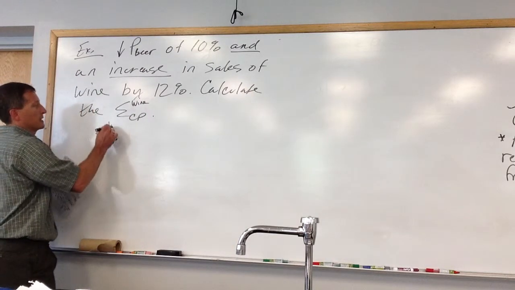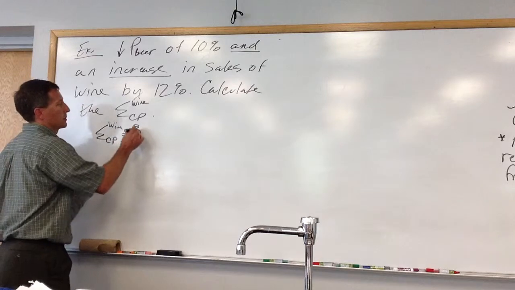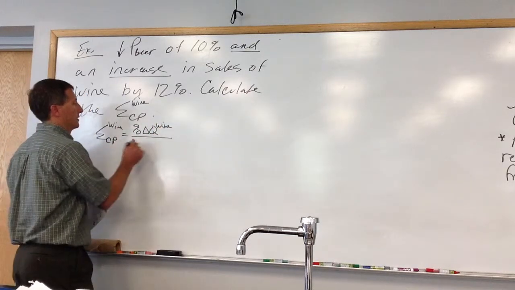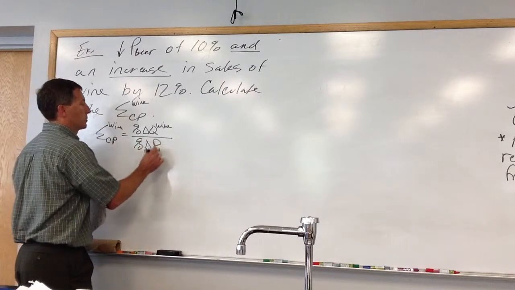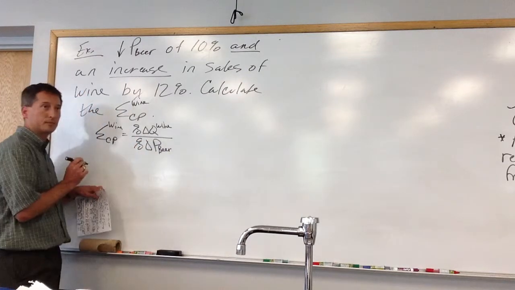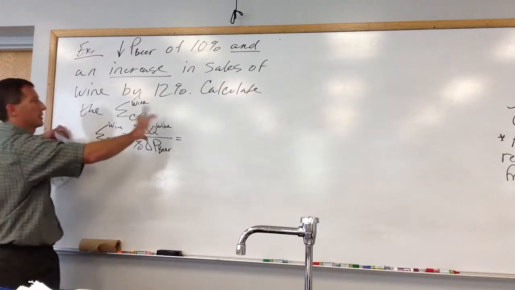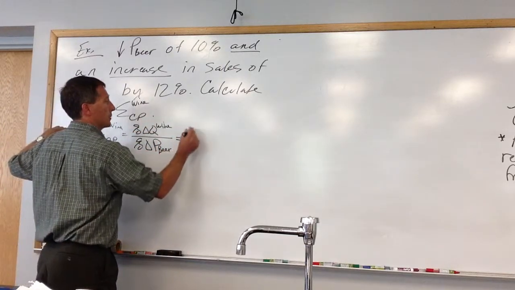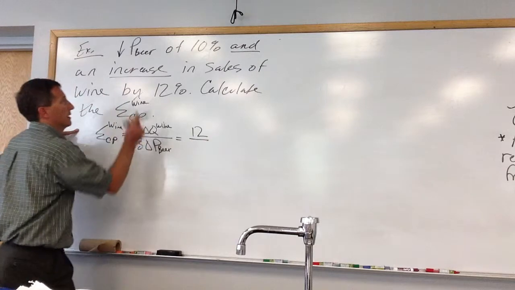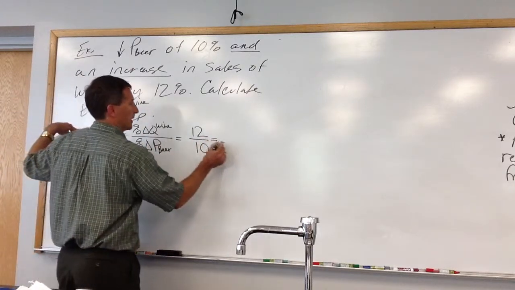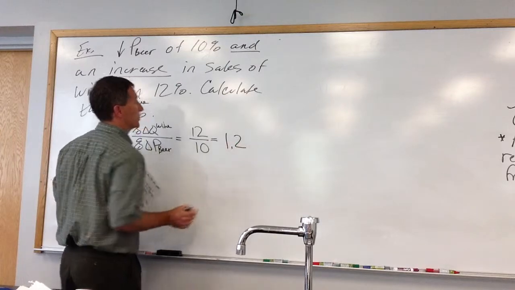So the cross price elasticity of wine equals the percentage change in the quantity of wine divided by the percentage change in the price of beer. Those numbers were fed to you up here. You just had to get the right one on top. So we had a 12% and a 10%, giving a 1.2.